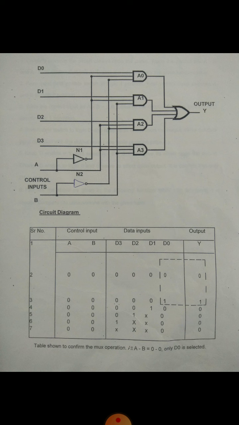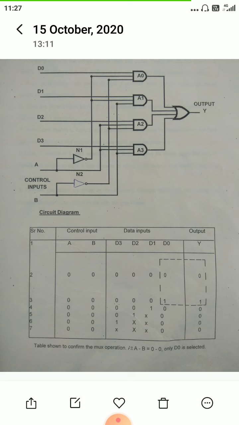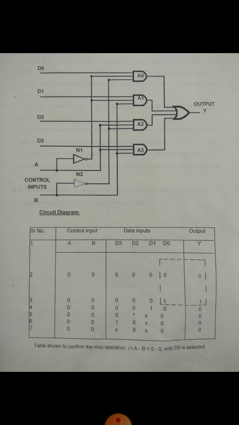When your control input is 0 0, these are the possible combinations I have written in tabular form. You can just check it. When your AB is 0 0 and your D0, D1, D2, D3 are all 0, the output will depend upon your control input 0 0.